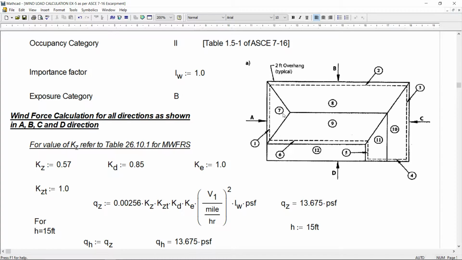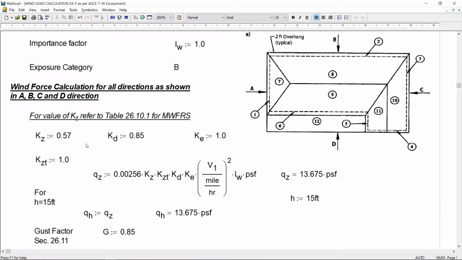The plan is copied just to make it clear that whenever we are talking about direction A, this will be direction A. Whenever we are talking about direction B, this will be direction B. So it's a quick reference. Instead of going back over there, we can easily see which direction we are talking about and on which surface.